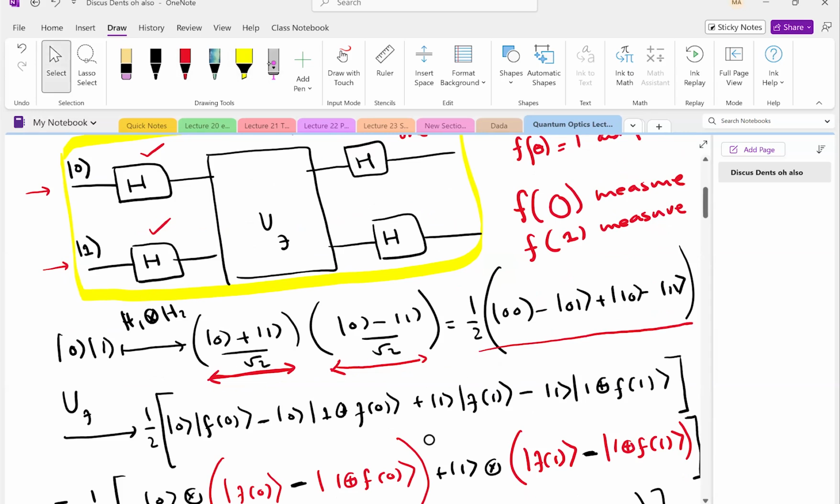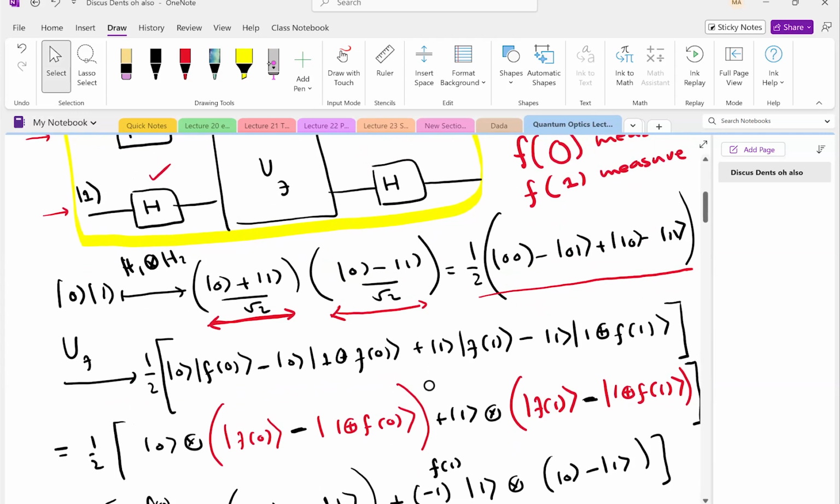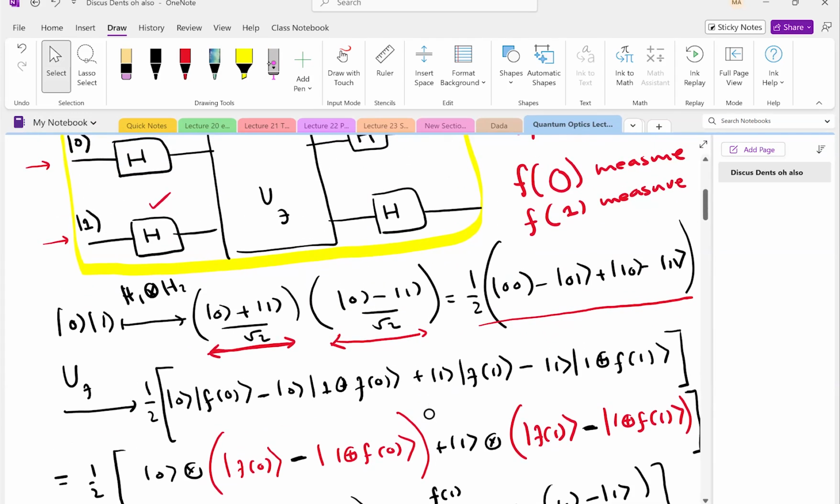And then I implement the unitary operator that executes the function that I've described just now. So UF acts on this state here, and each of these component states inside the superposition sees the application of UF.